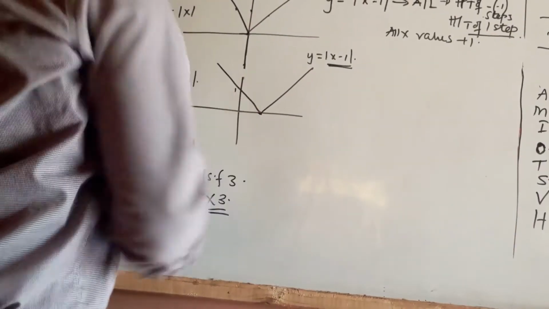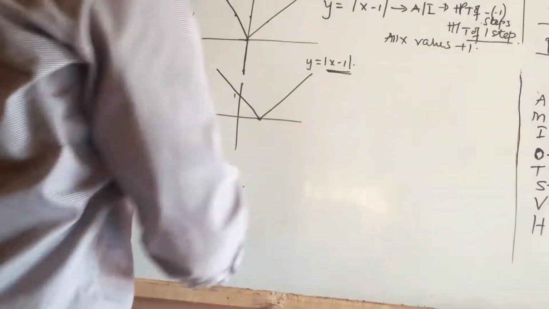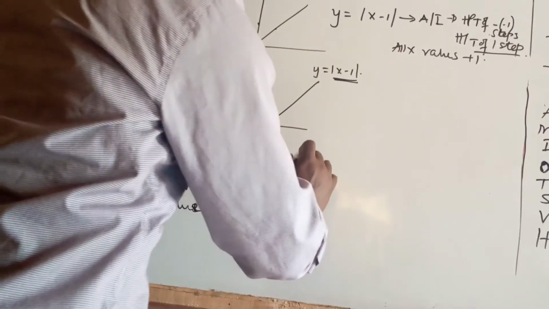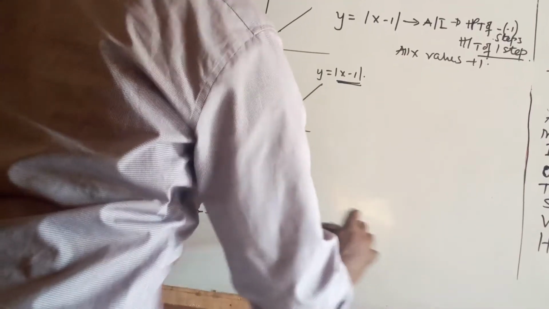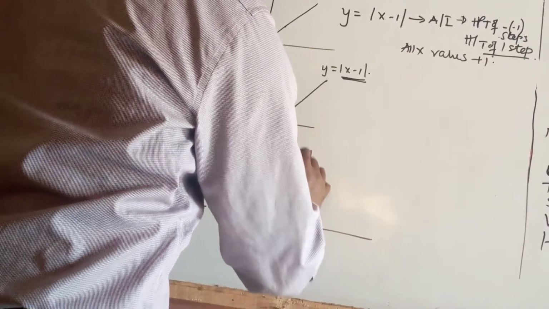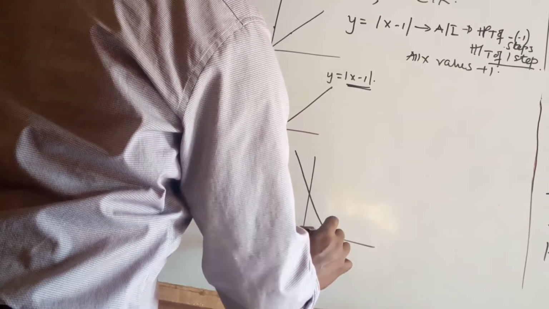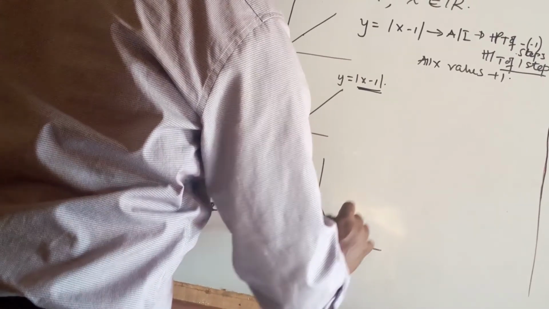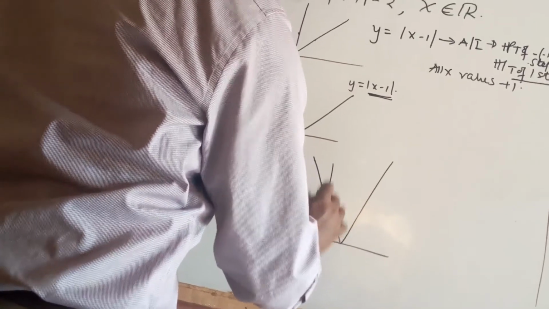What is the y there? Y there is 1. 1 times 3 is 3. So we are going to have a sketch that looks like this. Y here is still 0; 0 times 3 is still 0. So we are going to have something like that.